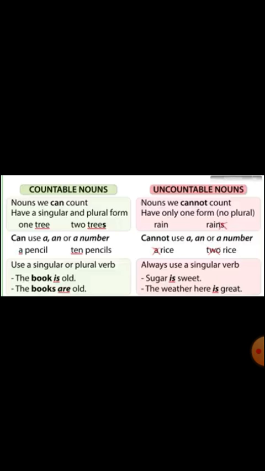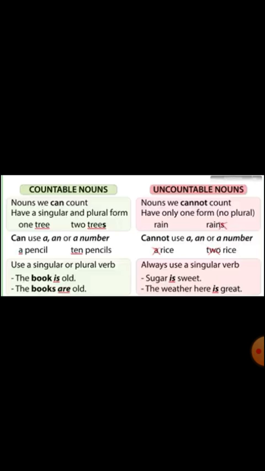But uncountable nouns are nouns we cannot count, and they have only one form. There is no plural form. For example, rain. We say rain in the plural as well, but we can't use rains.